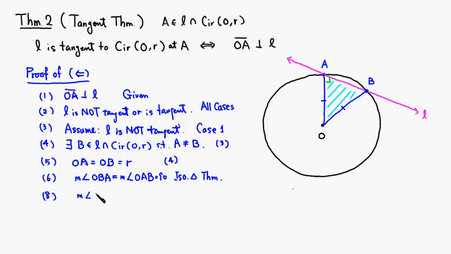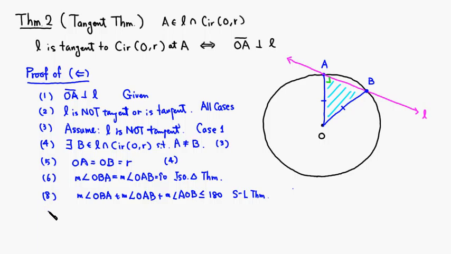Measure of the angle OBA plus measure of the angle OAB, and plus measure of the angle AOB, we know that this is less than 180. This is by the Saccheri-Legendre theorem, saying that the angle sum of a triangle cannot exceed 180.